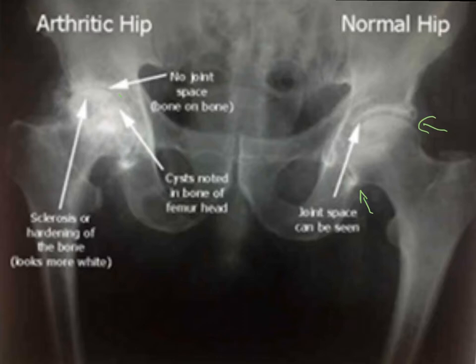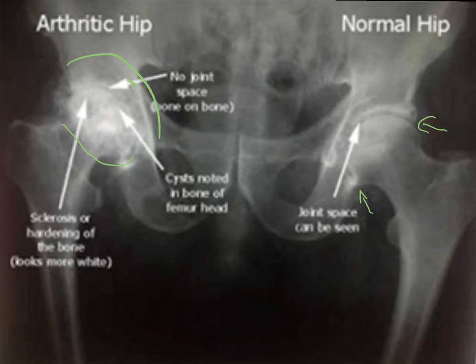Maybe I just need a clearer picture. But obviously the person who read the x-ray did find those osteophytes, those little bone spurs. Now what I do see is the abnormal thickening right here on the head of the femur and the acetabulum. And that is that subchondral bone, the bone that is right underneath the cartilage, that gets thicker as a result.